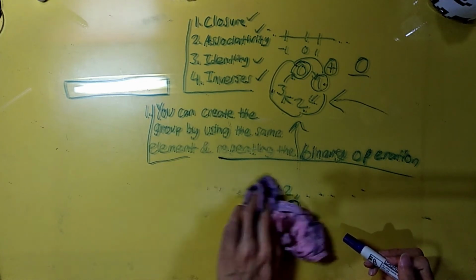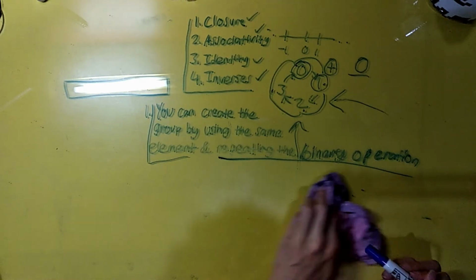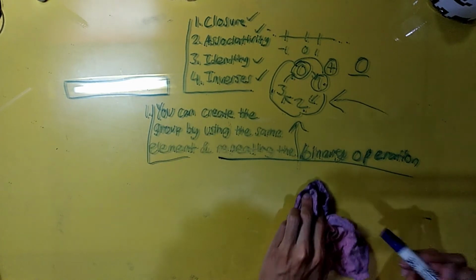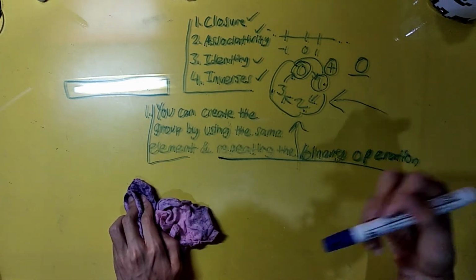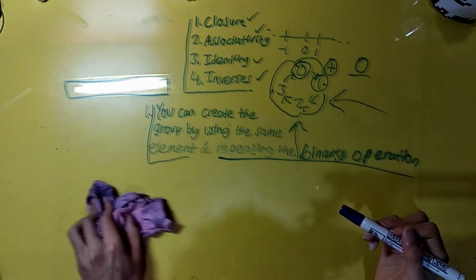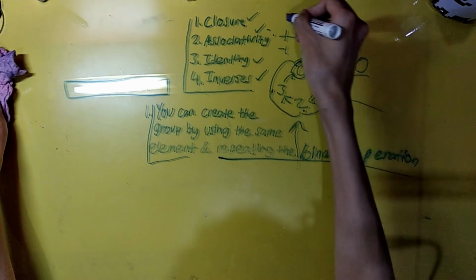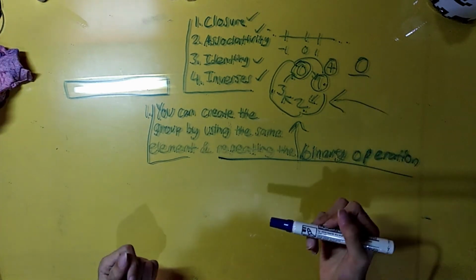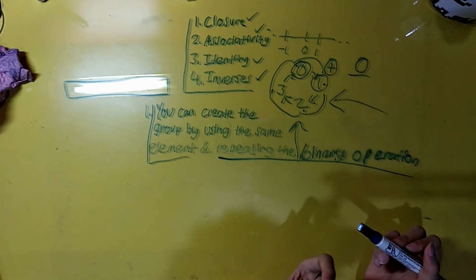We can always create a group by picking one element and repeating the same binary operation over and over again until it loops back and repeats. For the case of this big number system here, we're never going to loop back, okay?